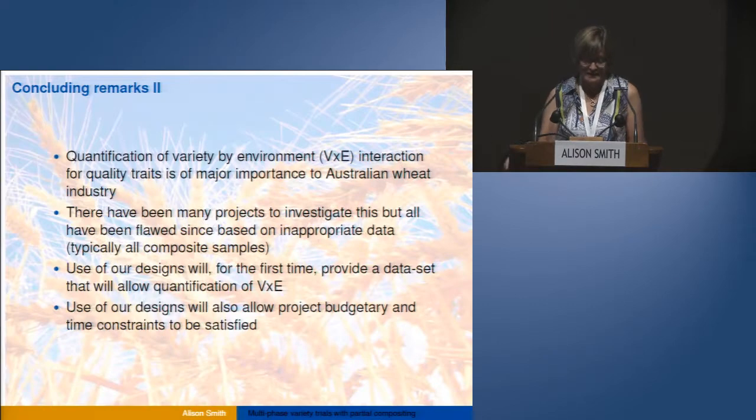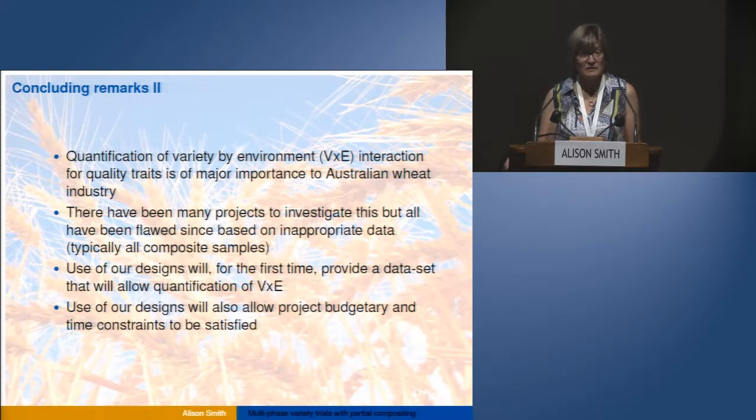So finally, this method that we've put up here is actually going to allow us to quantify variety by environment interaction in these really important quality traits. It's of huge importance to the industry, both in terms of farmers knowing which varieties to grow and in terms of breeding better varieties. There have been a lot of projects over the time looking at quality data in Australia, but unfortunately they're all flawed in the sense that none of them have appropriate data.